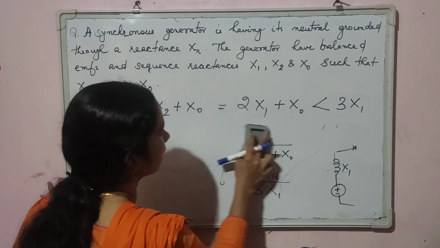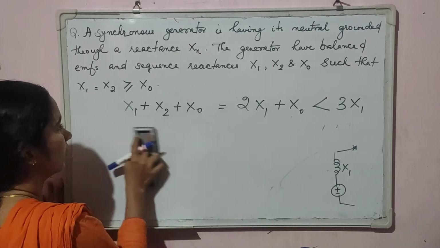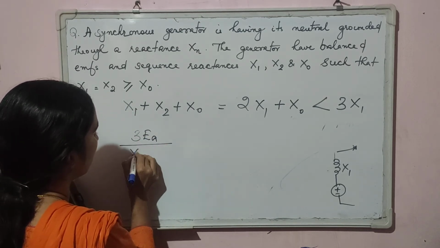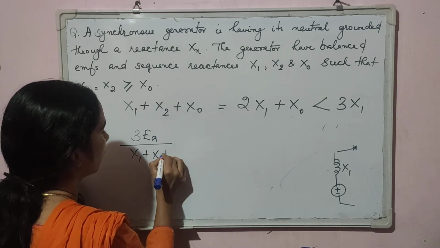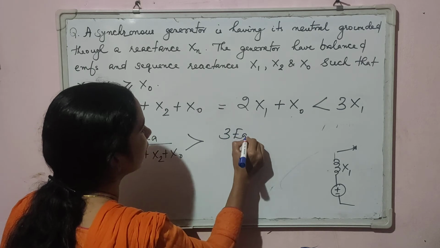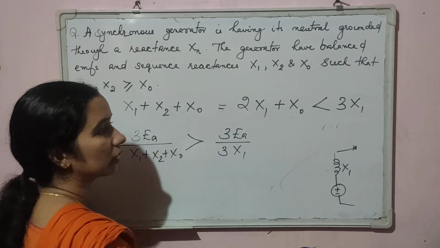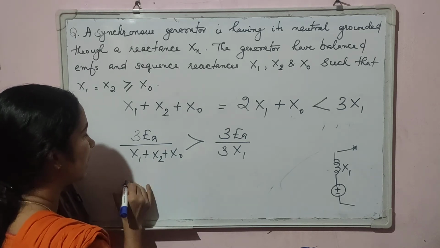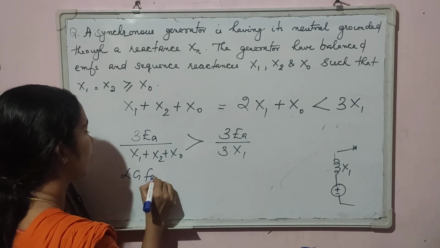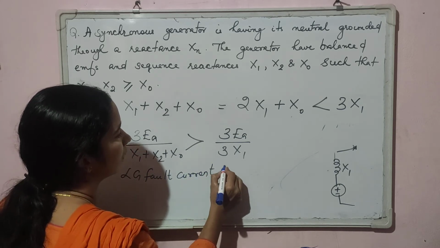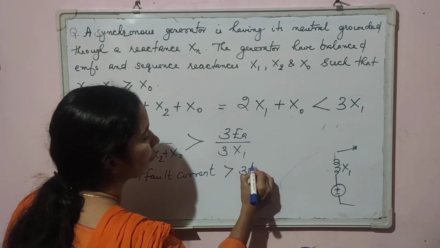So we can write 3EA divided by X1 plus X2 plus X0 is greater than 3EA divided by 3 times X1. That means the LG fault current is greater than the three-phase fault current.